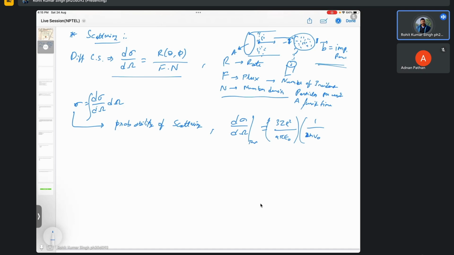This has been discussed in the lecture, so I'm not going into detail, but just to notice one thing, it has a dependence on sin^4(theta/2). This can be checked experimentally, and it has been confirmed. So this is the main feature of this differential cross section.